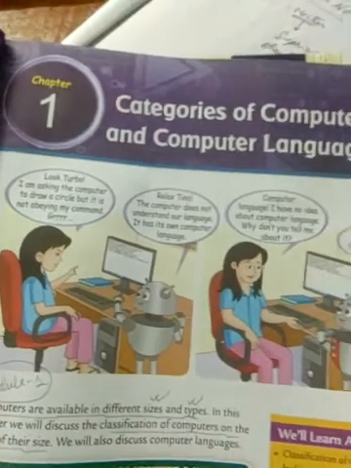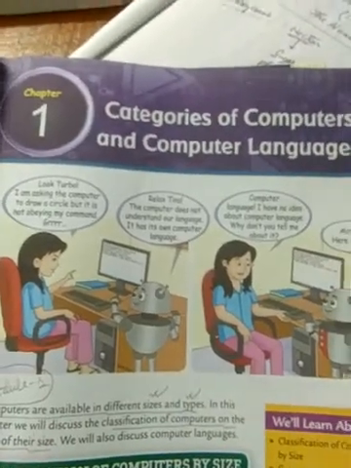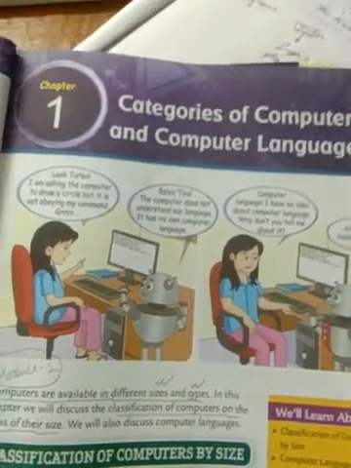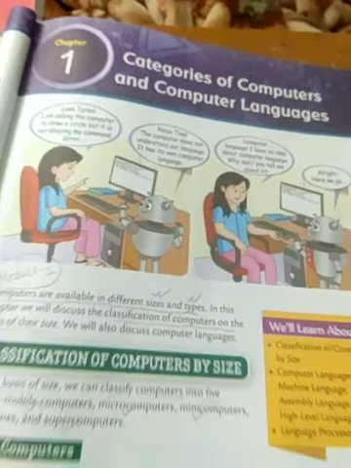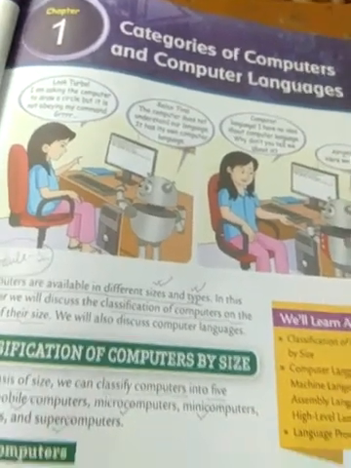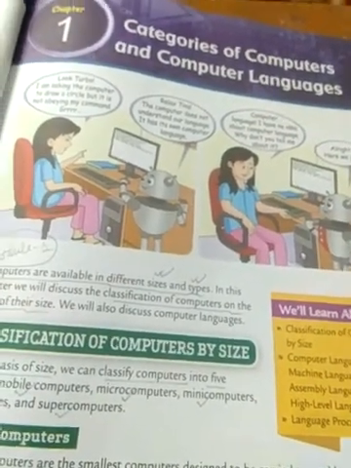This is the first class of your computer reboot book, and this is the first module of the very first chapter, and that is categories of computers in respect of size and shapes and the computer languages.